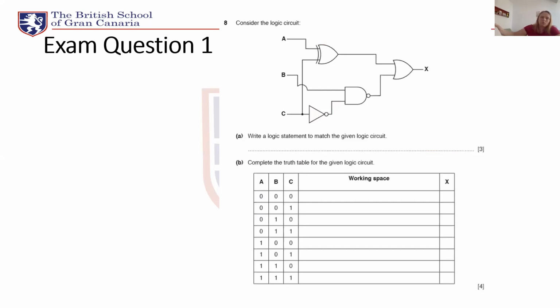So we need to take a look at these logic circuits. If you remember, I gave you before a protocol to go by, and that was NOT and OR, NOT and OR, okay? And then there's brackets. So we look at this statement here, and I'll put the text tool on this time. Annotate text, okay? So we're going to write this logic statement now. Obviously, the output is X, right?